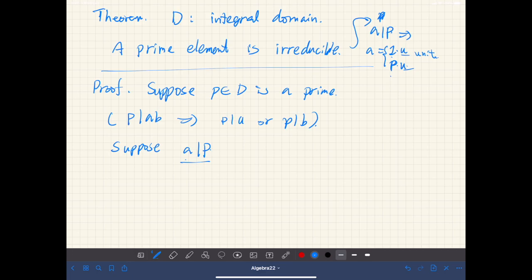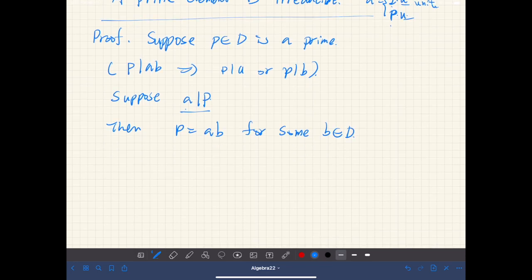Since A divides P, that means P is equal to AB for some B. So since P is equal to AB, that means P divides AB.